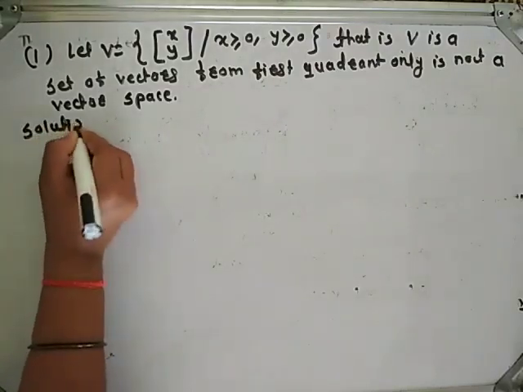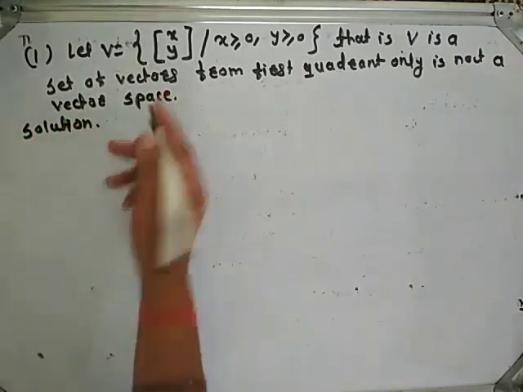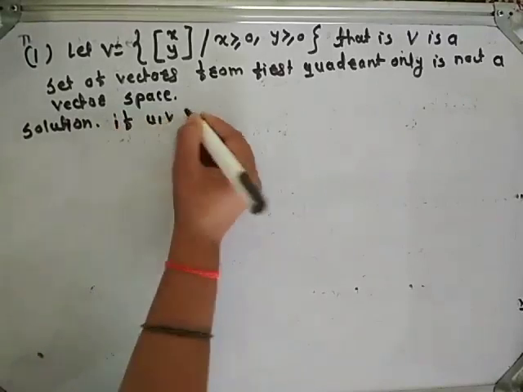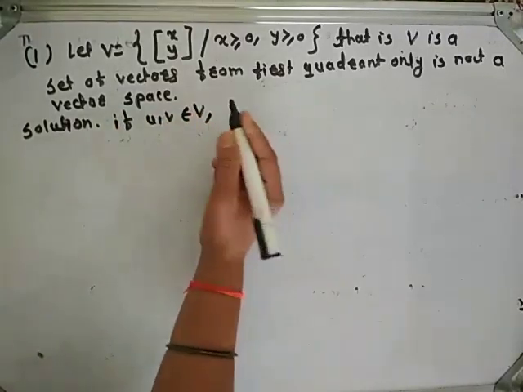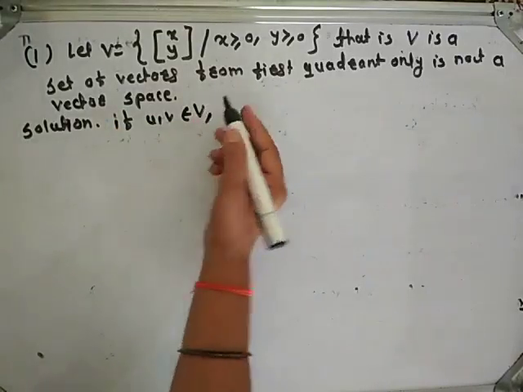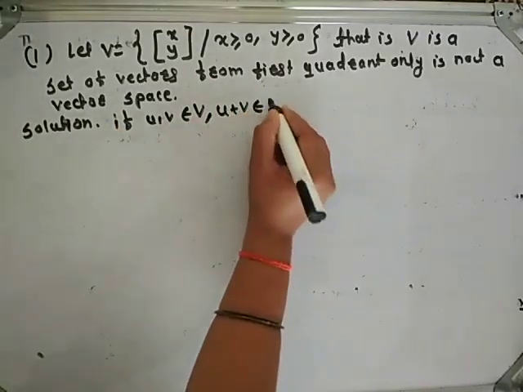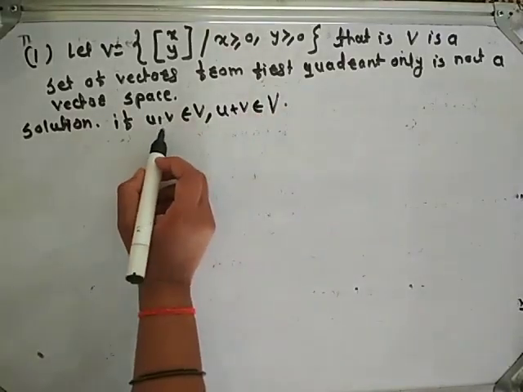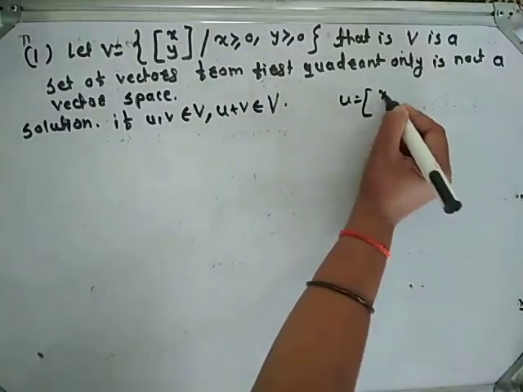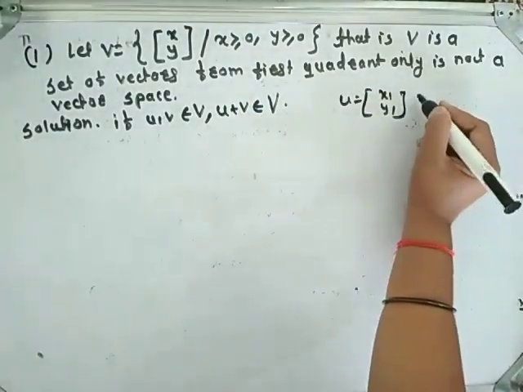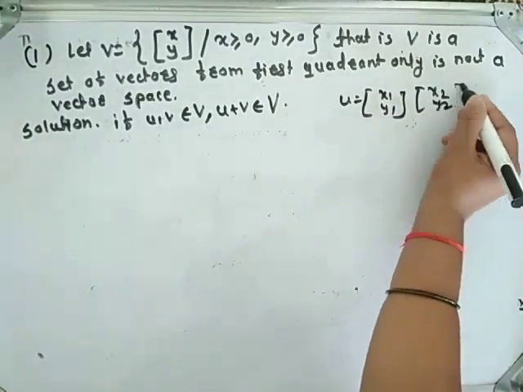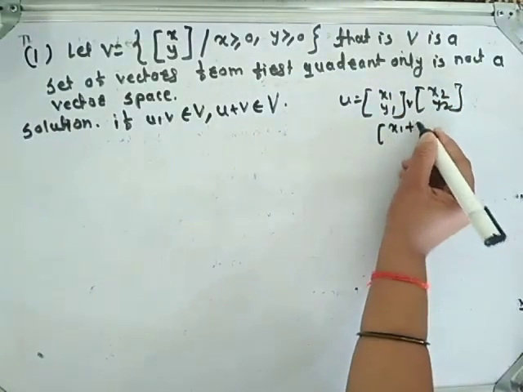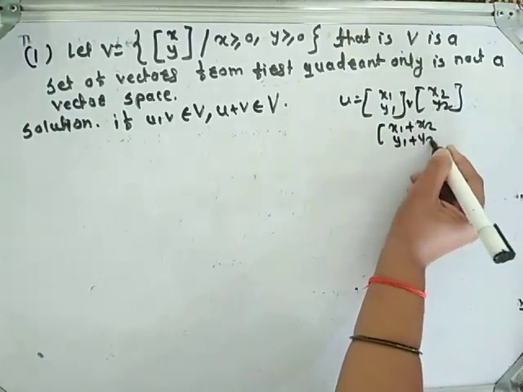Solution. See here, if you take u, v belonging to V, then u plus v obviously belongs to V. If u is equal to (x1, y1) and v is equal to (x2, y2), then their addition is (x1 plus x2, y1 plus y2).